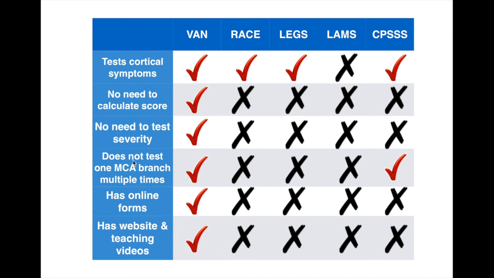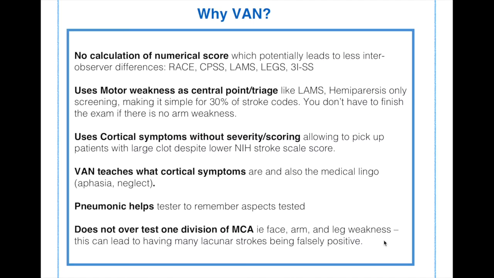Does not test one MCA branch multiple times. They all do, because they test face and arm, or face, arm, and leg, right? Has online forms. We do. You can download our forms. Has website and teaching videos. None for the others.